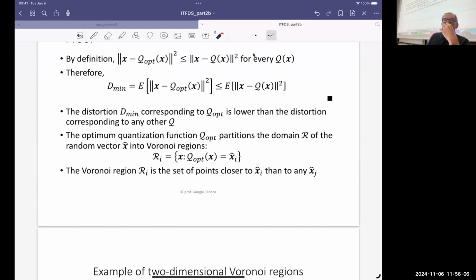The Voronoi regions are essentially the regions that contain the points that are closer to a certain set of fixed points, that in our case are the quantization points. So the Voronoi region R sub I is the set of X's such that Q-opt of X is X hat sub I. And therefore the Voronoi region R sub I is the set of points that are closer to X hat sub I than to any other X hat sub J.